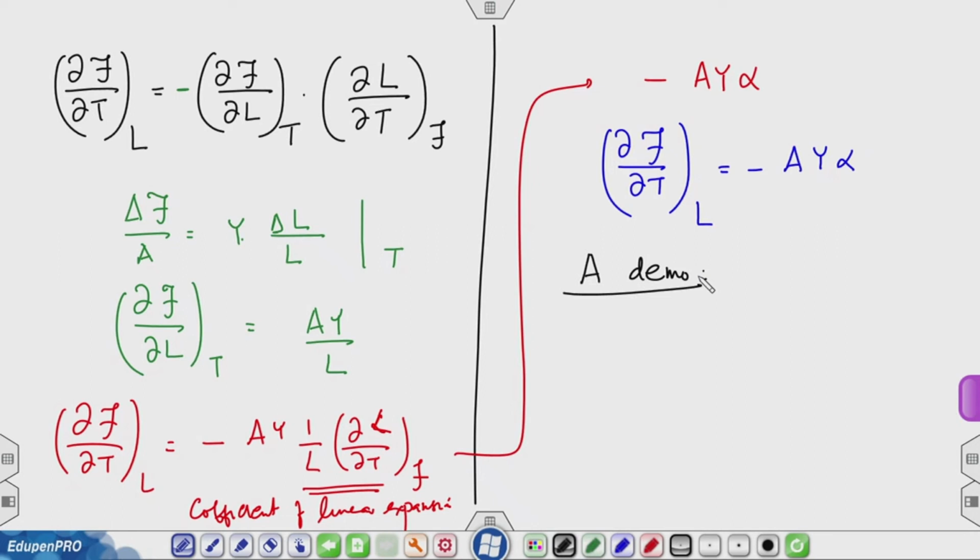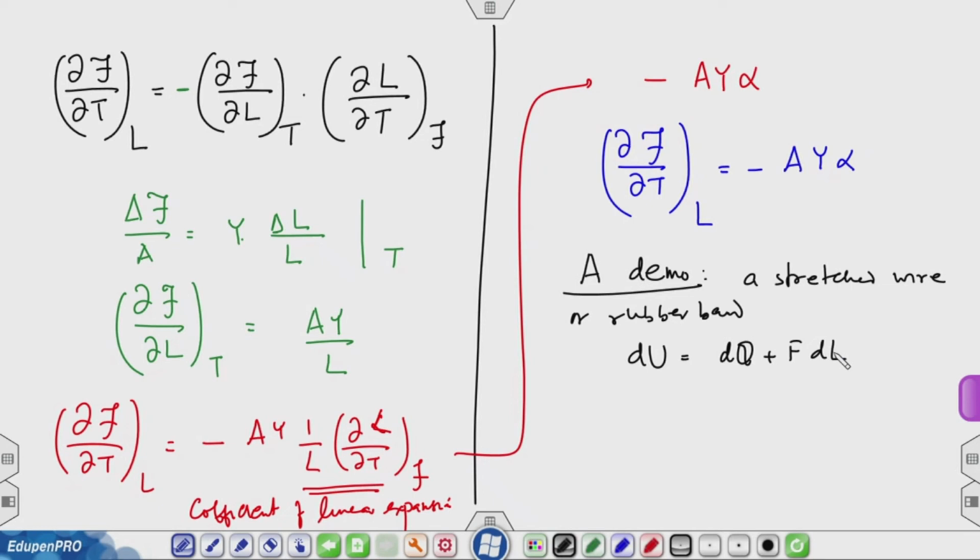We know that for a stretched wire or rubber band, we have dU equals dQ plus F dL.